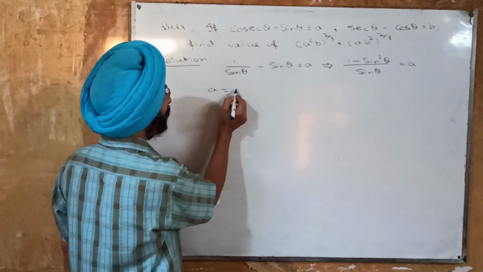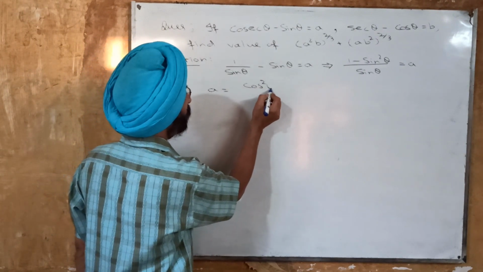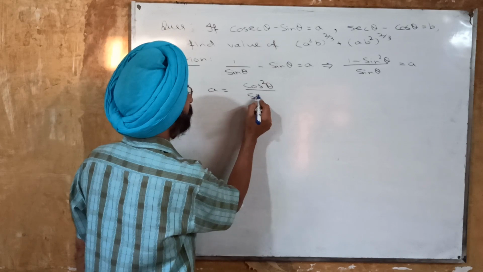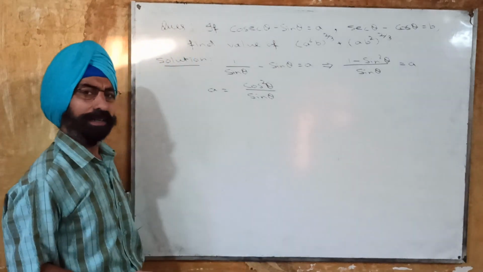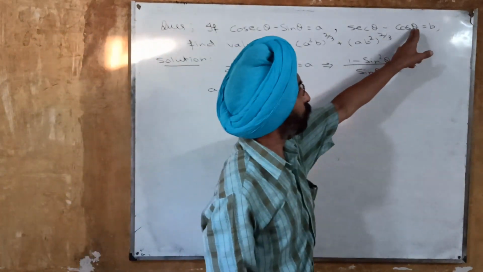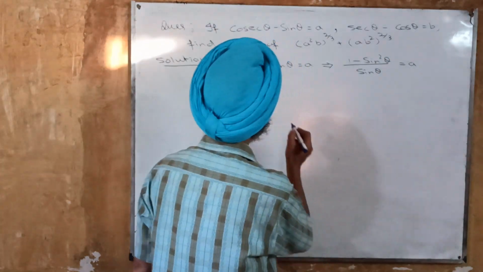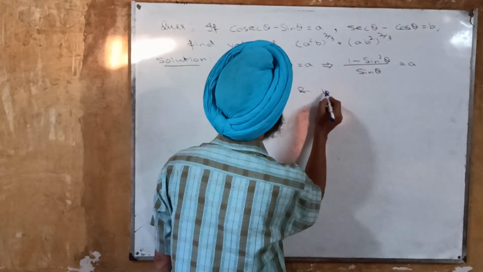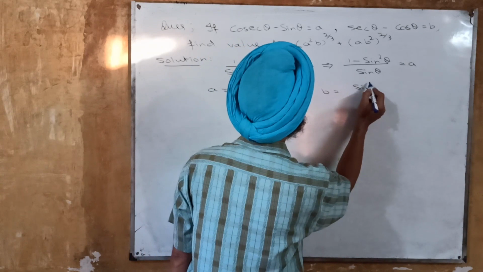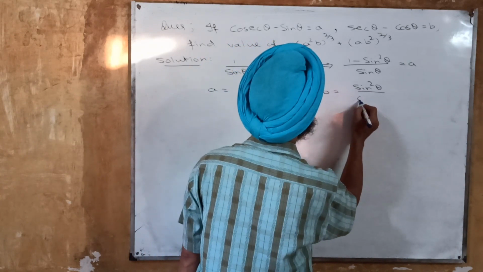So the value of A is coming out to be cos square theta upon sin theta. In a similar fashion, you can solve the second equation and you will get the value of B to be equal to sin square theta upon cos theta.